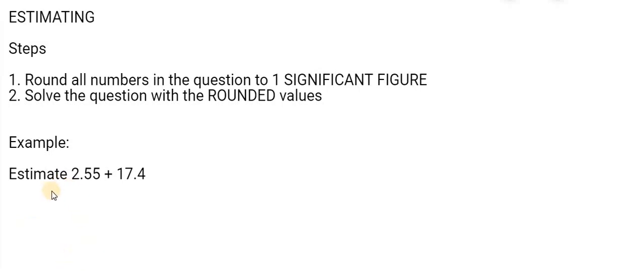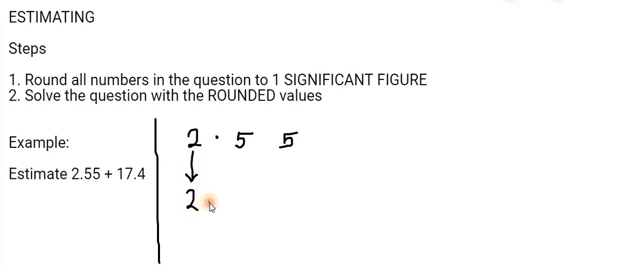So we want to estimate 2.55 plus 17.4. 2.55 to one significant figure: 2 is our first significant figure, so we bring that down. The number after that, we check it.